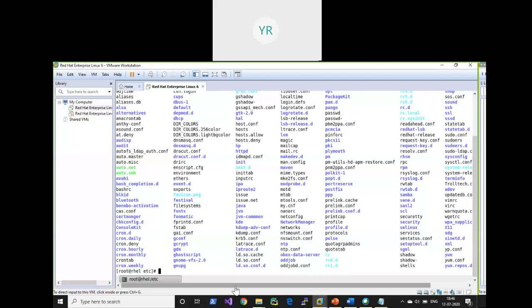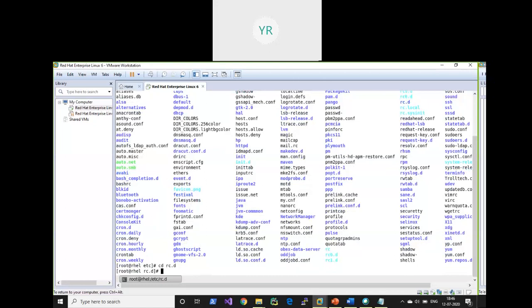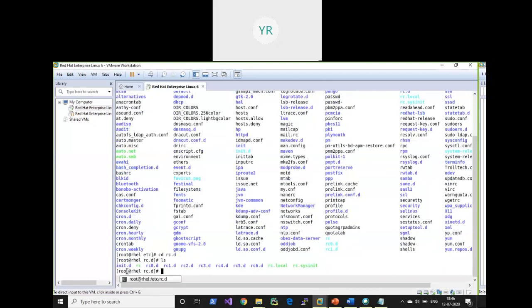Again move to rc.d: cd rc.d, then ls. Look here, in the rc.d directory we have init.d. We'll see later what init.d, rc0.d, rc1.d are.